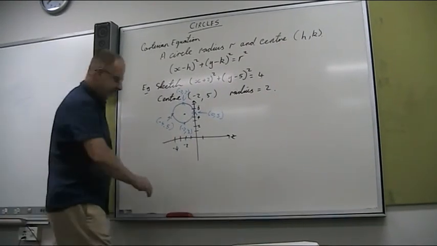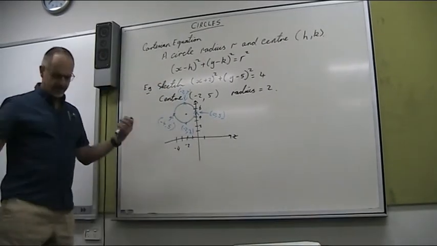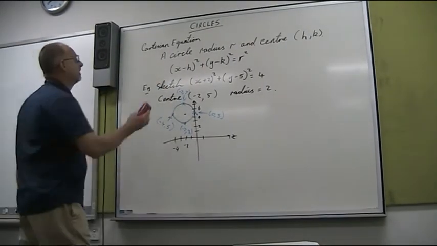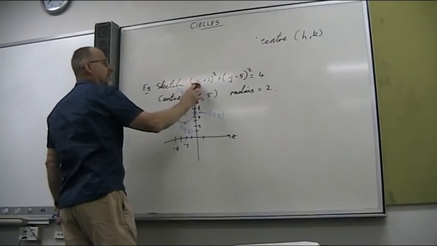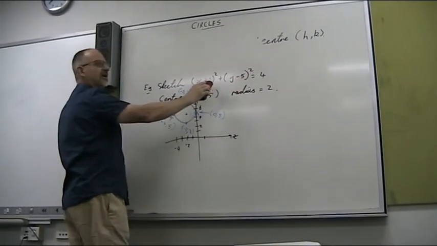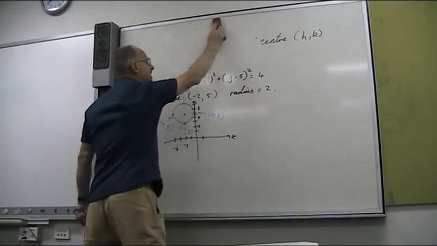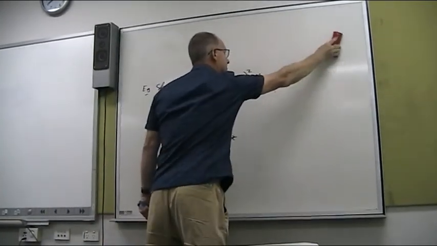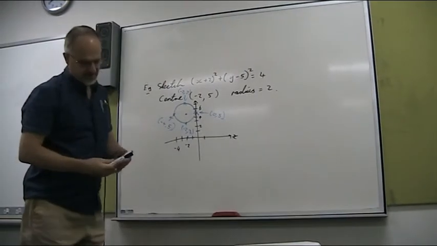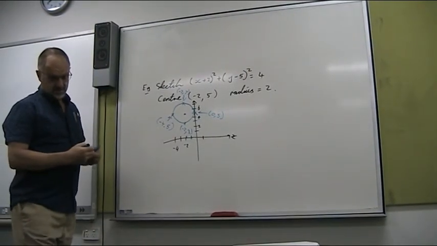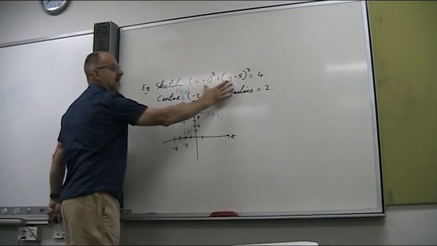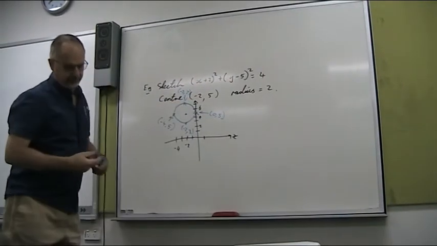All right, now sometimes, because we're in Spesh, they complicate the way the equation looks. So sometimes it might not look nice in this form here. It might be expanded or something like that, and then we need to adjust that into this form.